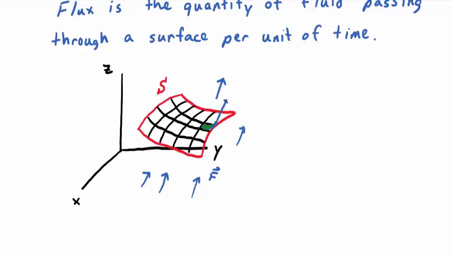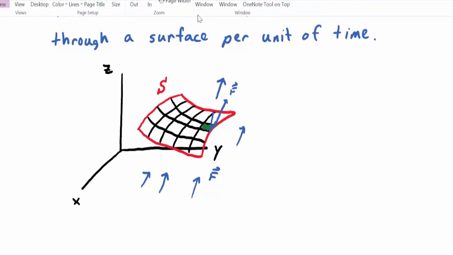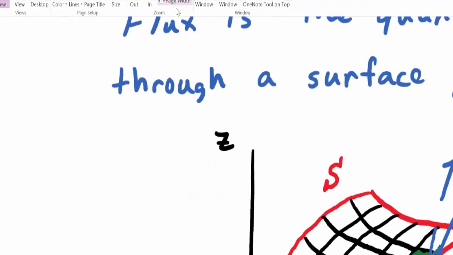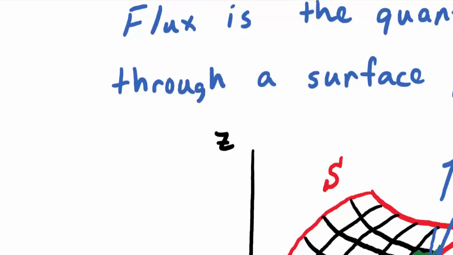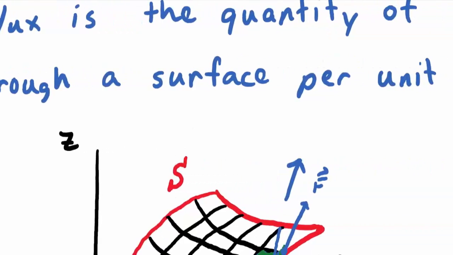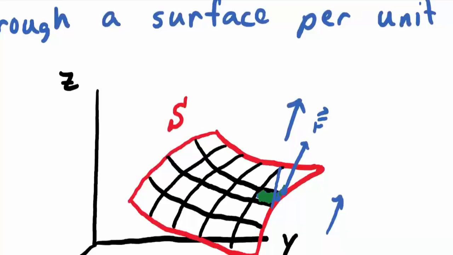Then check this out. For a really small patch of surface, F is going to be nearly constant flowing through this patch of surface. And if I draw a good picture here, I'm going to have to zoom in to make this look decent. Okay.